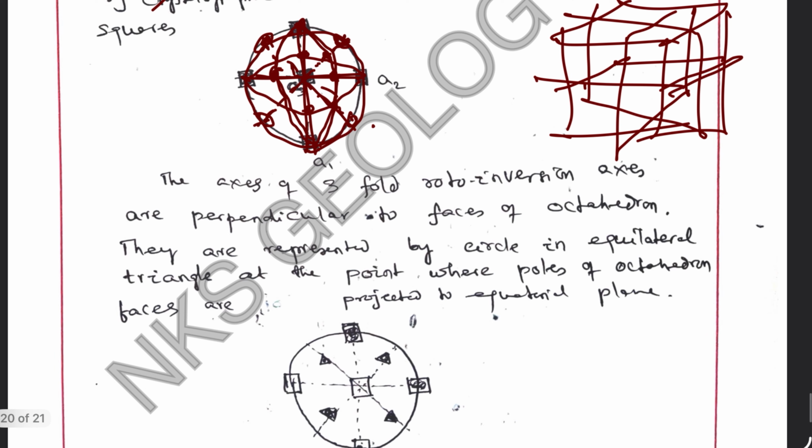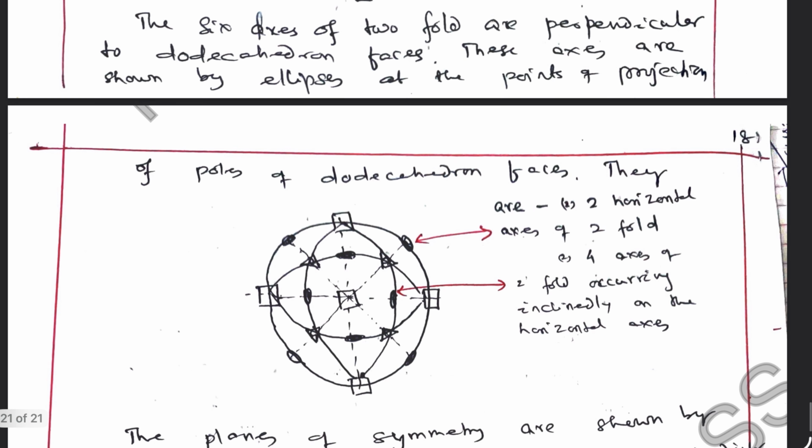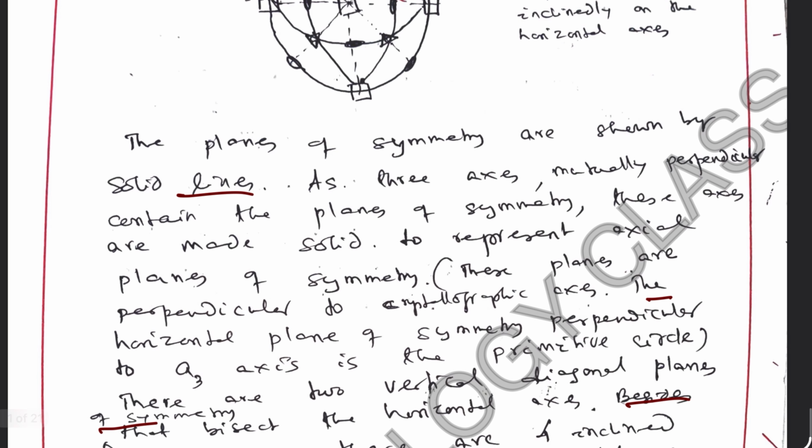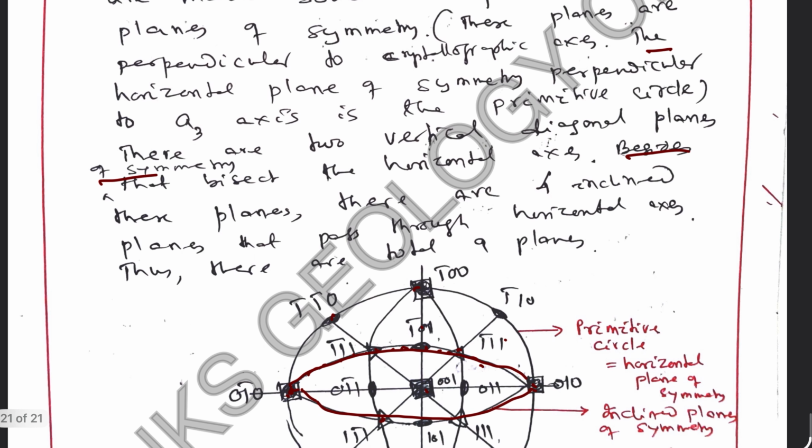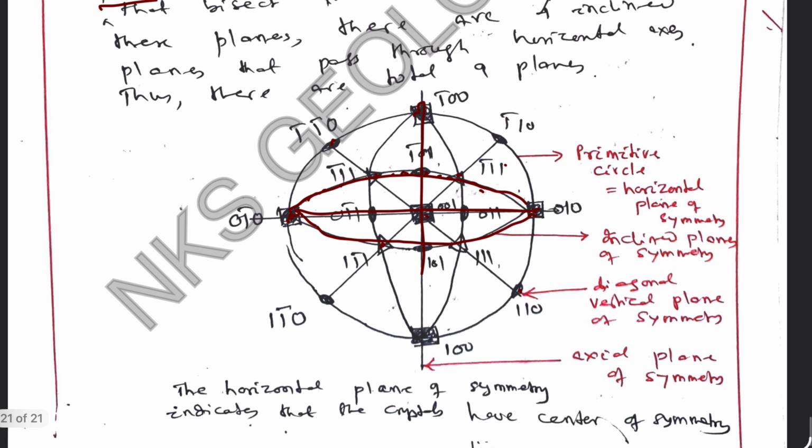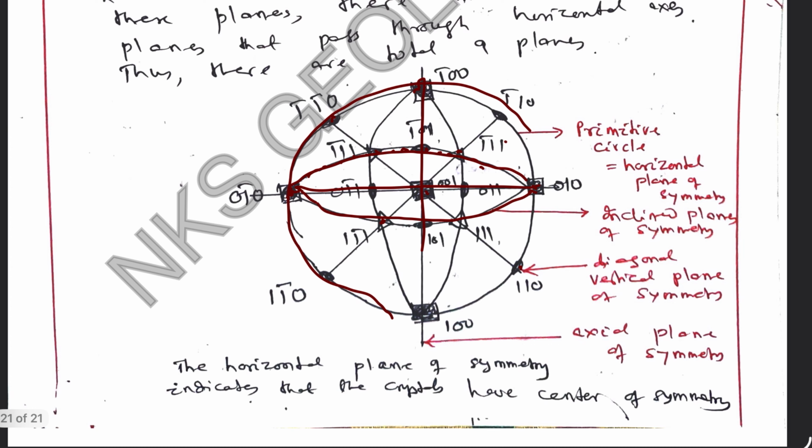So we have three solid lines, axial, this line and this line. They represent three planes of symmetry, mutually perpendicular.